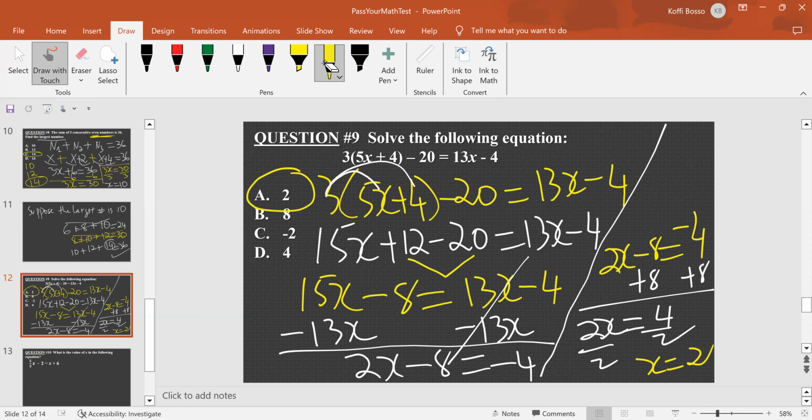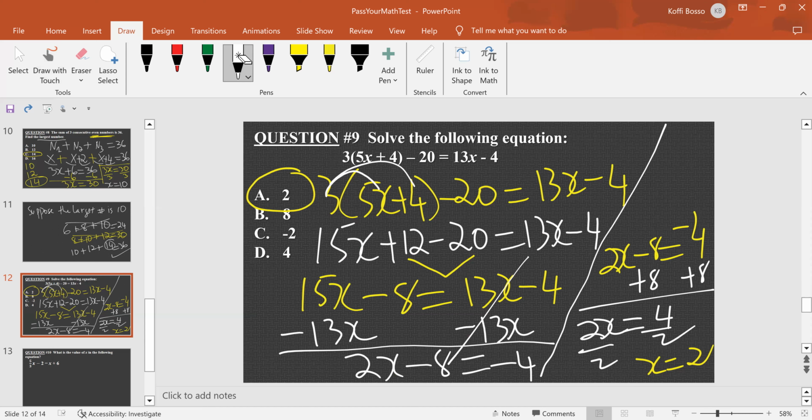Now, there is a way you could check your work to see if it's correct. You replace x by the solution in the original equation. The original equation here is 3 multiplied by 5x plus 4.